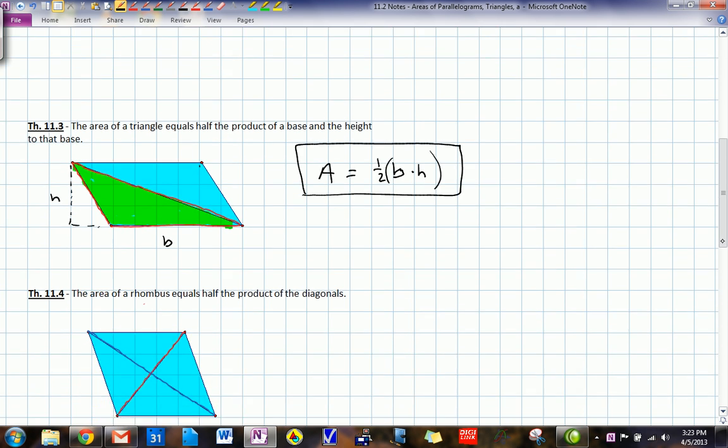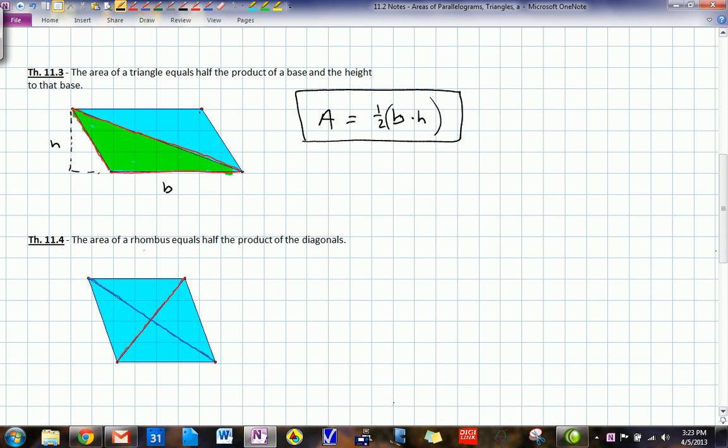The third theorem deals with a rhombus. The area of a rhombus is equal to half the product of its diagonals. So I've drawn a rhombus here. Now remember, a rhombus is a special parallelogram. It's a parallelogram where all four sides are congruent. So suppose that we say that the red diagonal is equal to D sub 1.